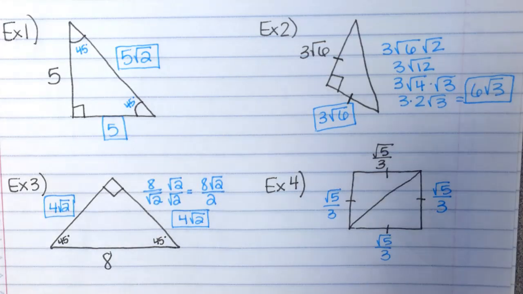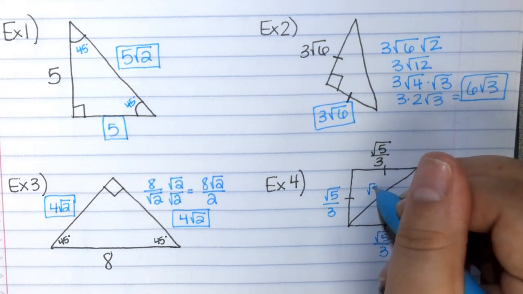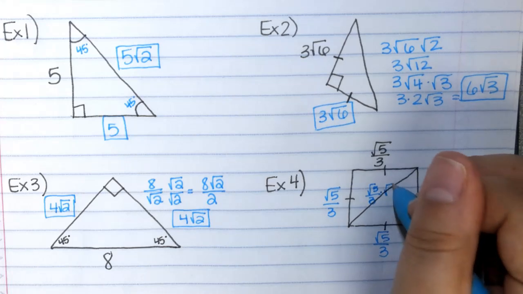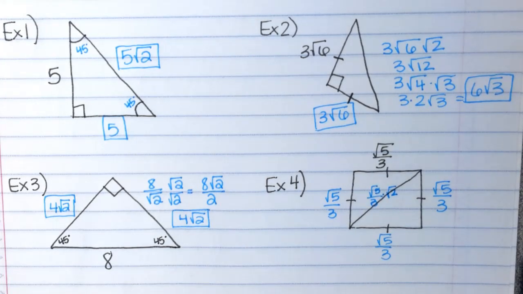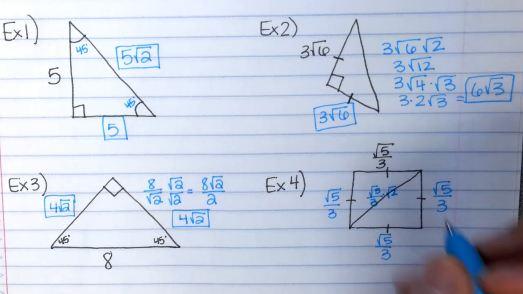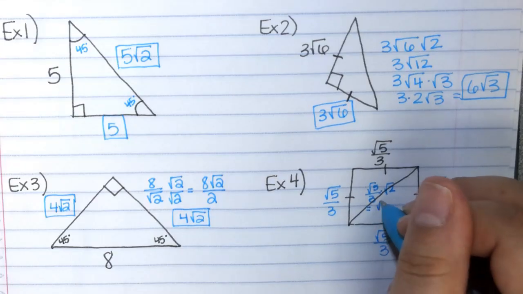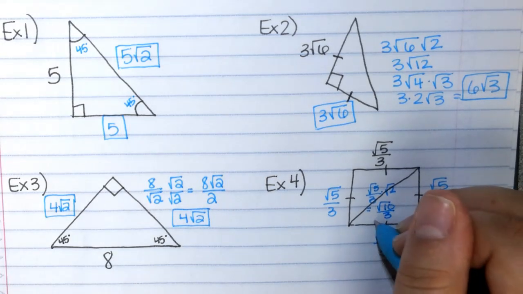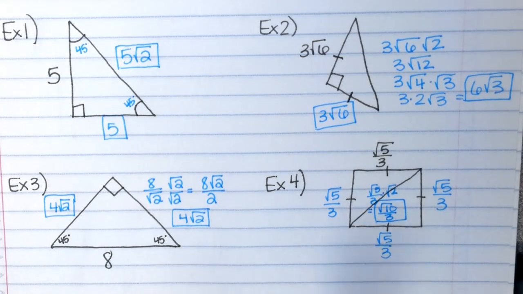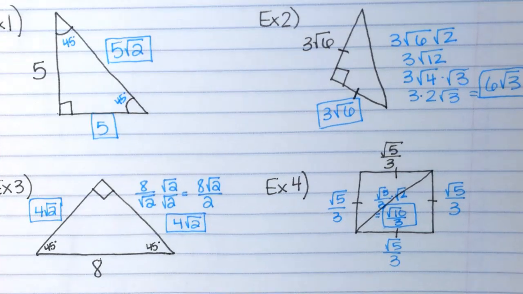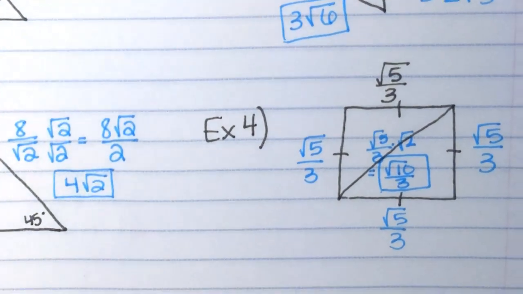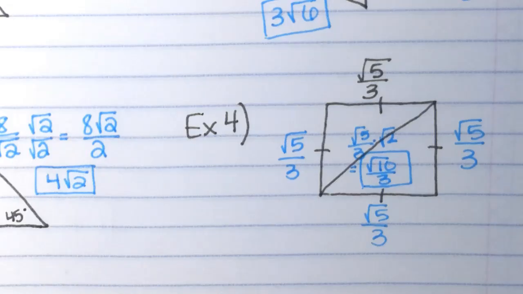Say that again, Alex. And how do I do that? Times root 2, which would give me what? The square root of 10 over 3. Because technically that's the square root of 2 over 1. So it's the square root of 10 over 3.